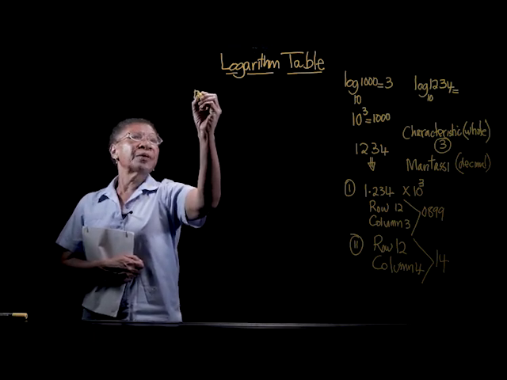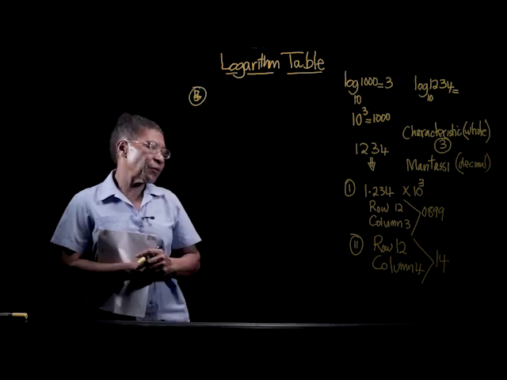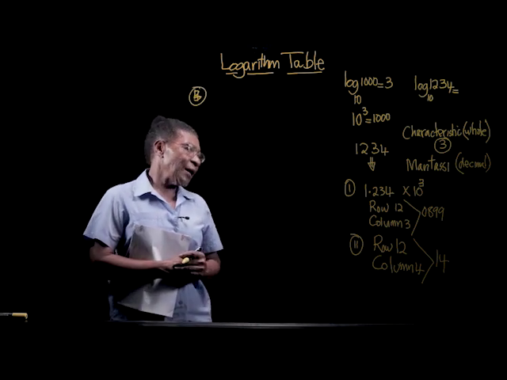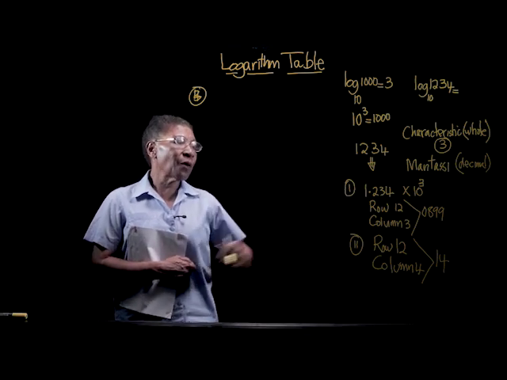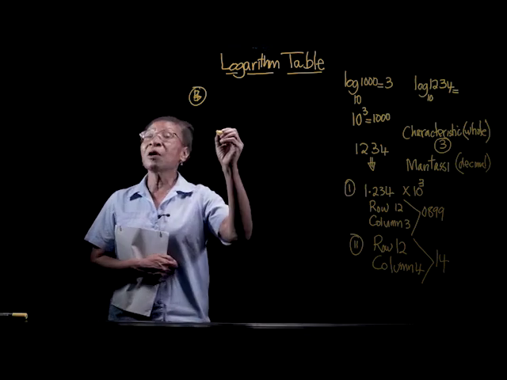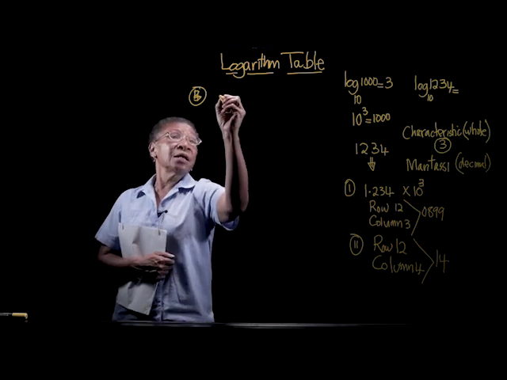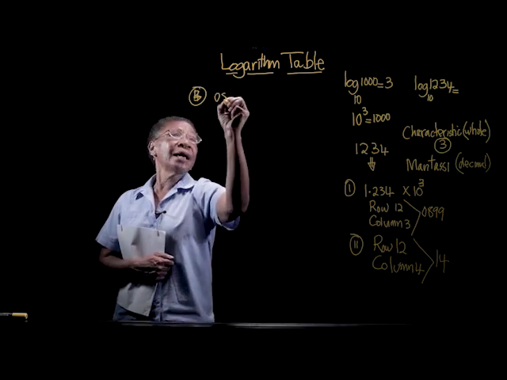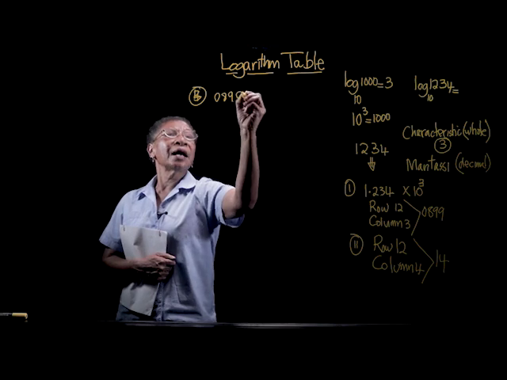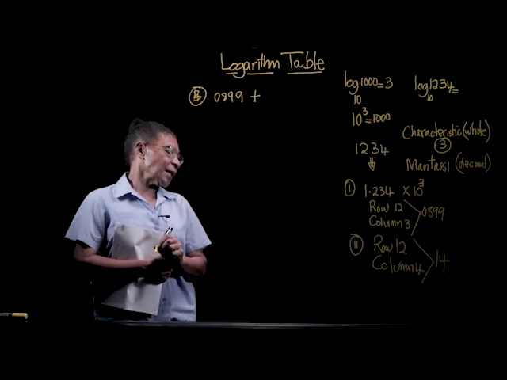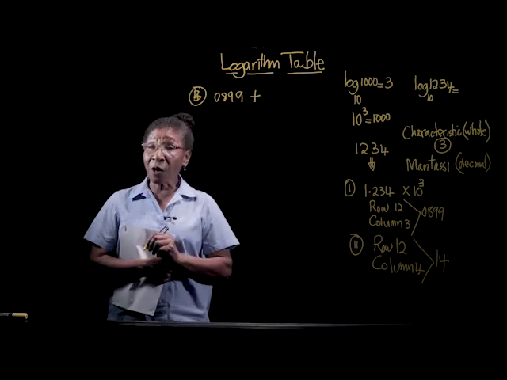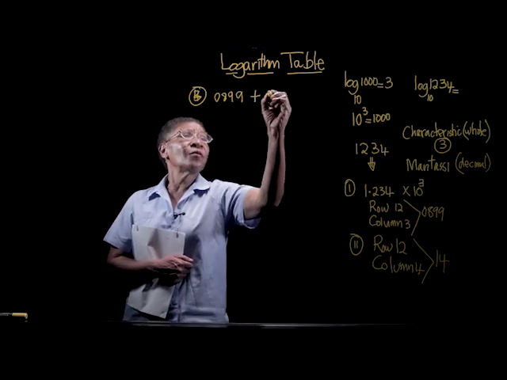No, step number 3. So in step number 3, I will have to add both the value of row 12 and column 3, which is 0.899, and I add it to the second, which is row 12, and column 4, which is 14.